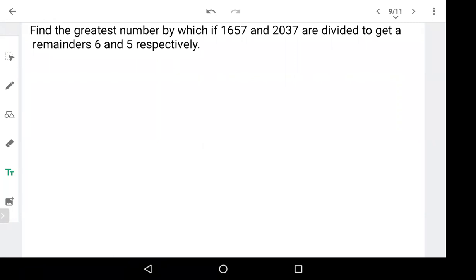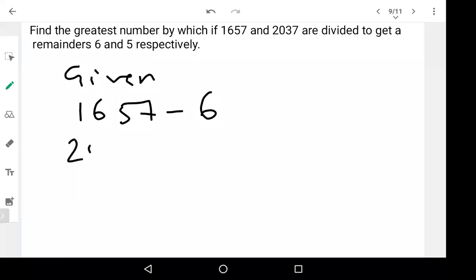So 1657, how do you do? First write down given. Okay, and then 1657 minus 6, because the remainder is 6, and then 2037 minus 5. See, it says respectively.